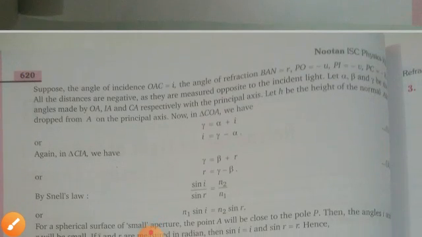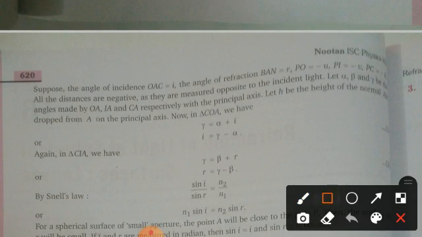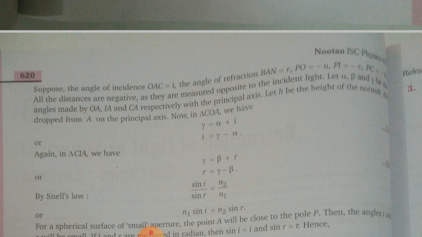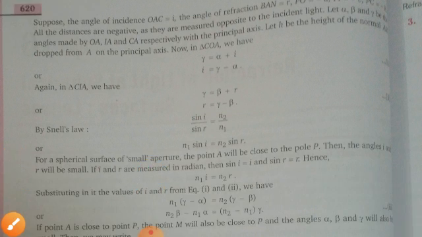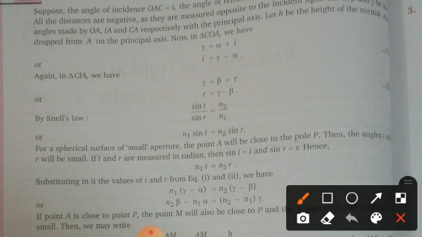We have gamma is equal to beta plus R, clear. So we can find the refracted angle equal to gamma minus beta. Now we are again using Snell's law, which is sin I by sin R is equal to N2 upon N1, or you can also write N1 sin I is equal to N2 sin R, clear.